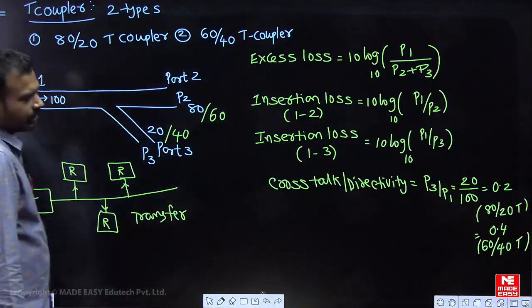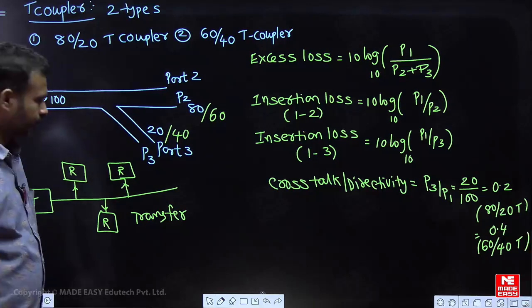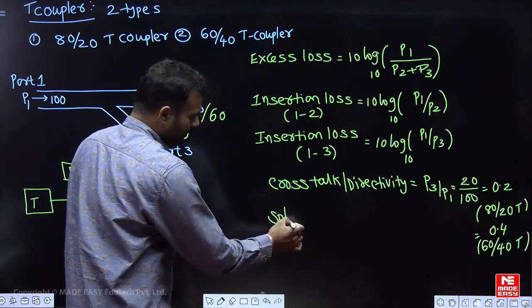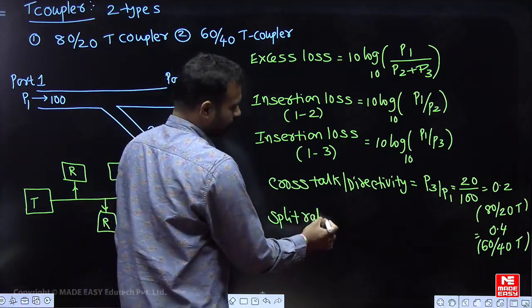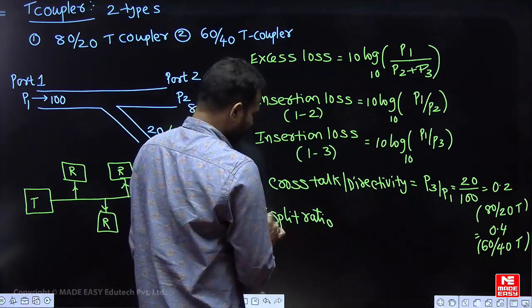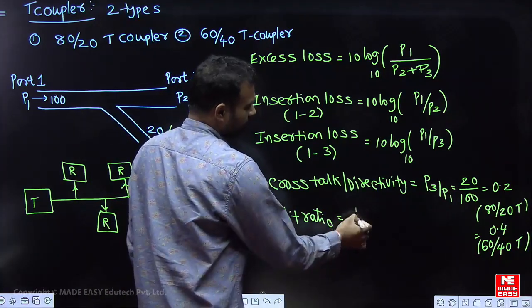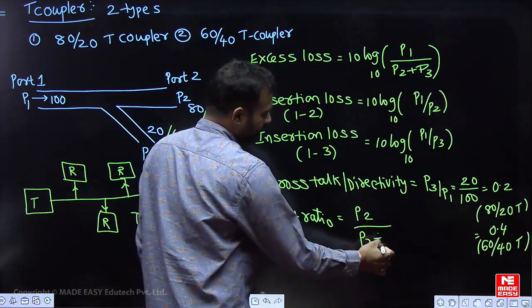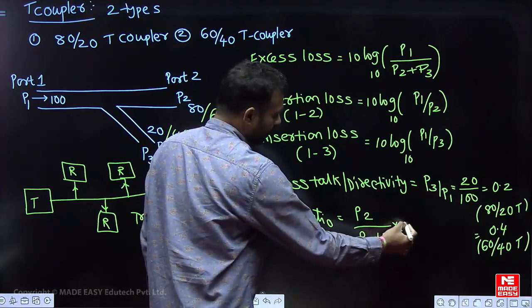After talking about this, we can call it the split ratio. So split ratio I am writing, the percentage of split ratio, that is given as P2 upon P2 plus P3 into 100.